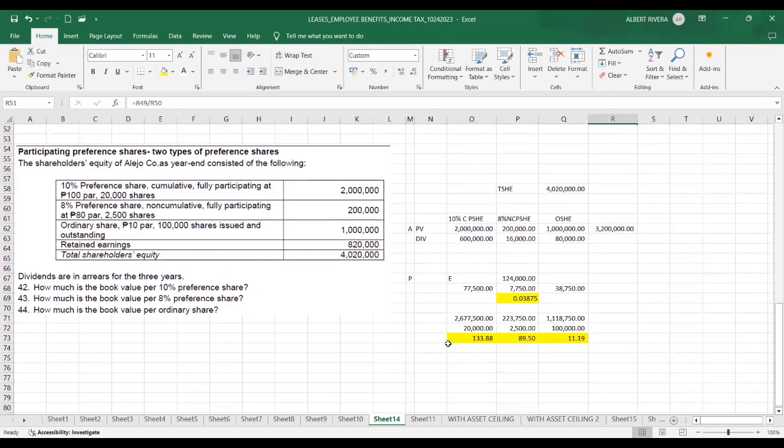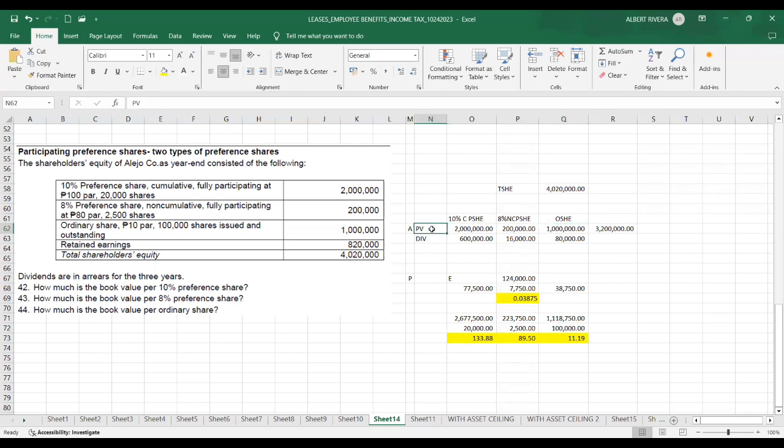And the last problem here in the additional materials, ito, meron ng dalawa. The 10% cumulative preference shares, the 8% non-cumulative preference shares, but fully participating. And ordinary stockholders' equity, so tatlo. Okay?